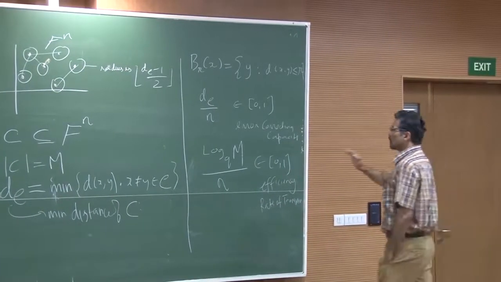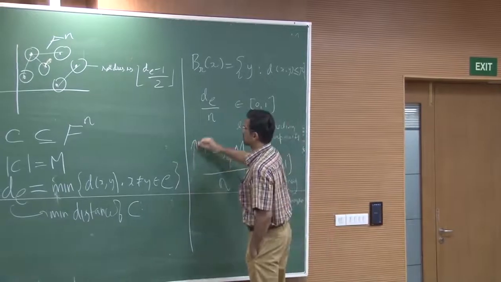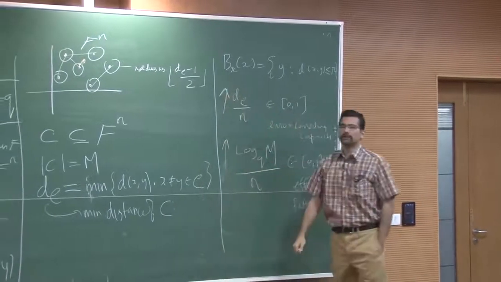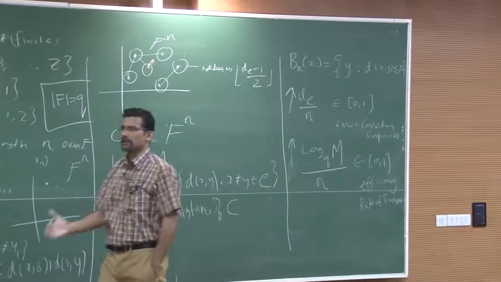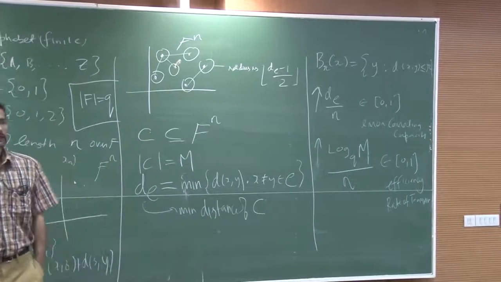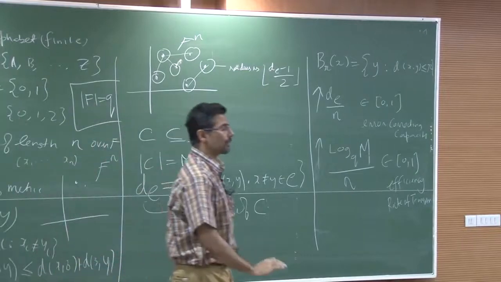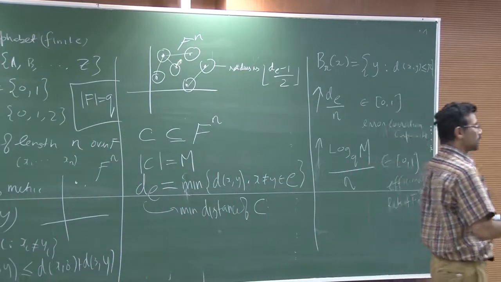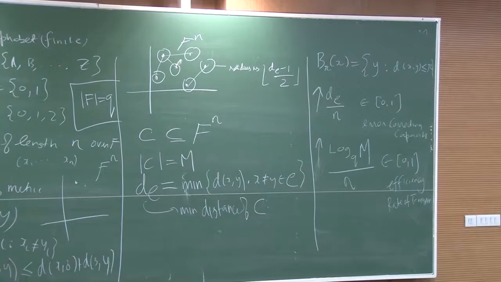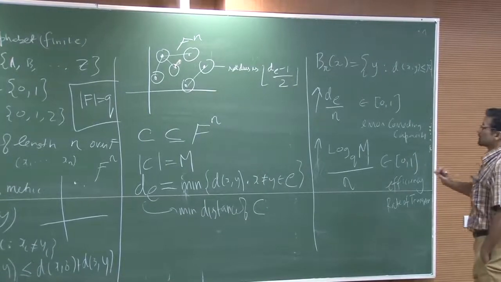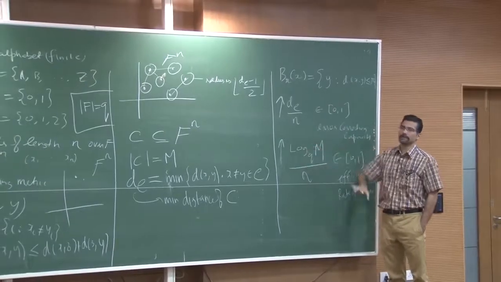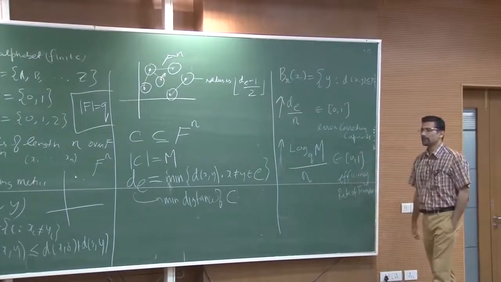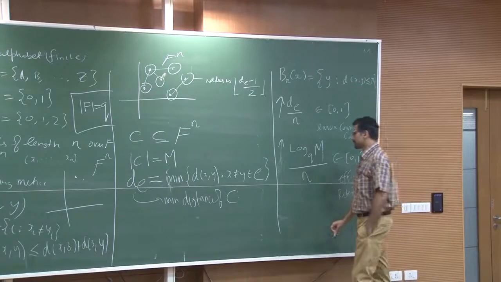So having both these numbers high is a conflicting requirement, conflicting goals. But that's what we want. So the problem is to capture the trade-off: how to make sure that this is also high, and this is also high. That's a central problem in coding theory.